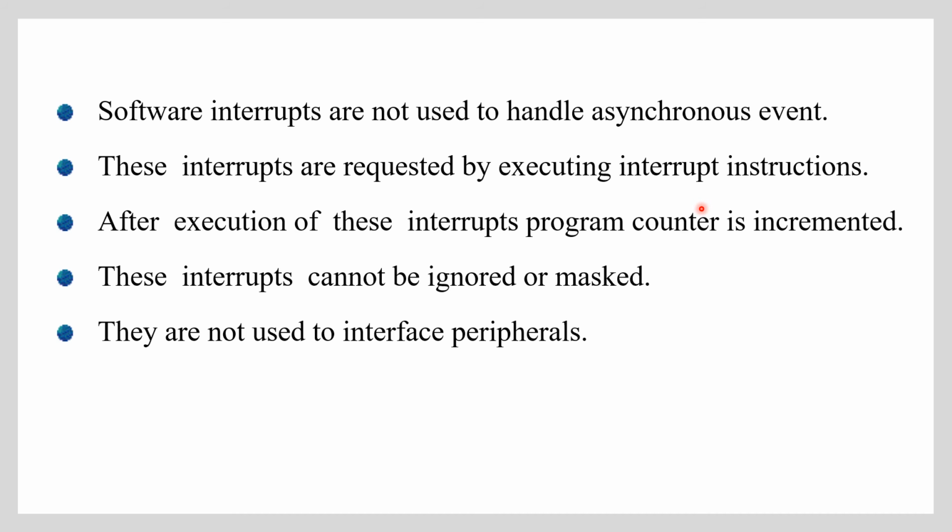Second, after execution of a hardware interrupt, the program counter is not incremented, but in software interrupts, the program counter is incremented. Hardware interrupts can be masked, leaving TRAP, the other interrupts are maskable, but software interrupts cannot be masked or ignored.